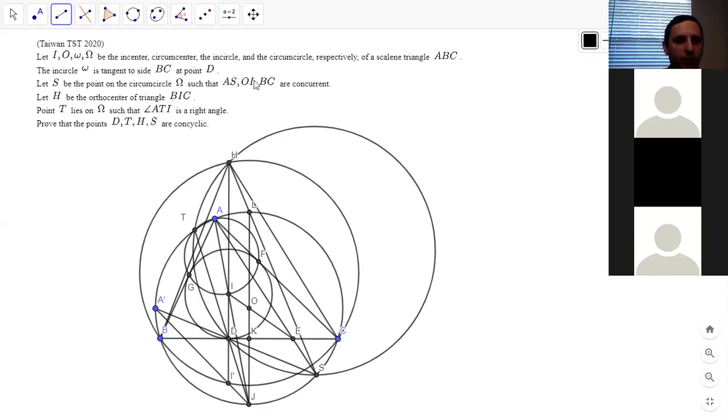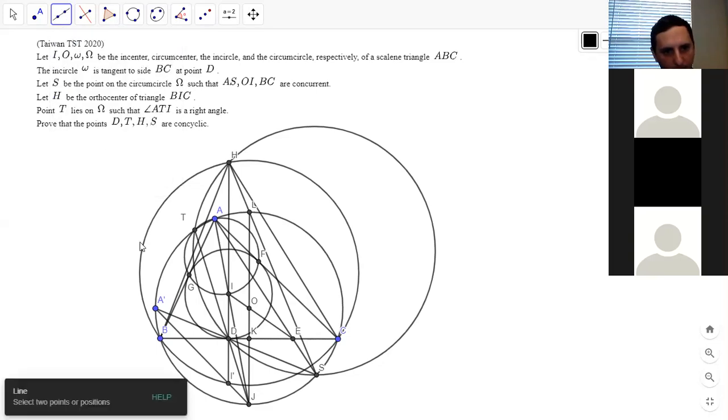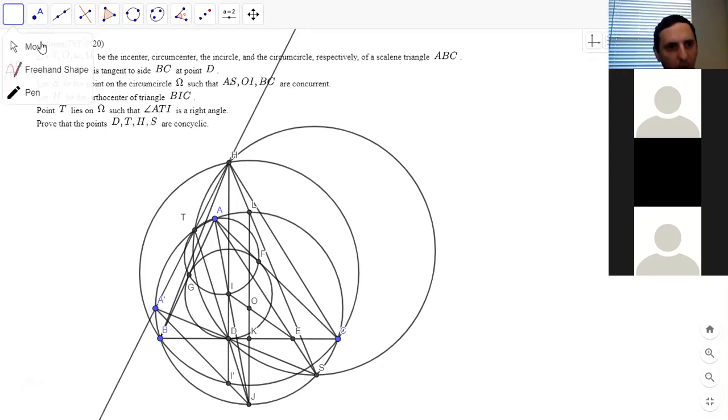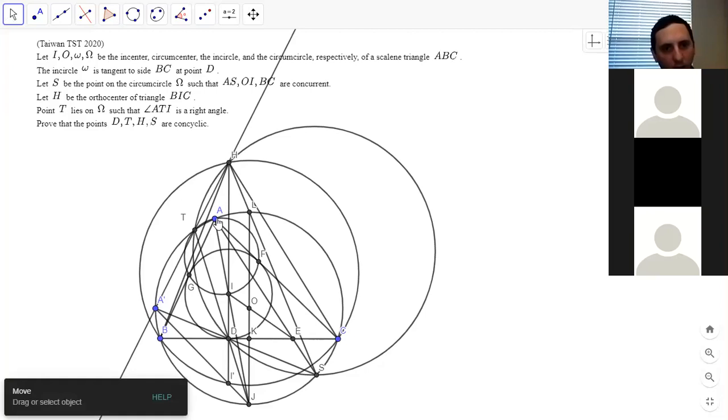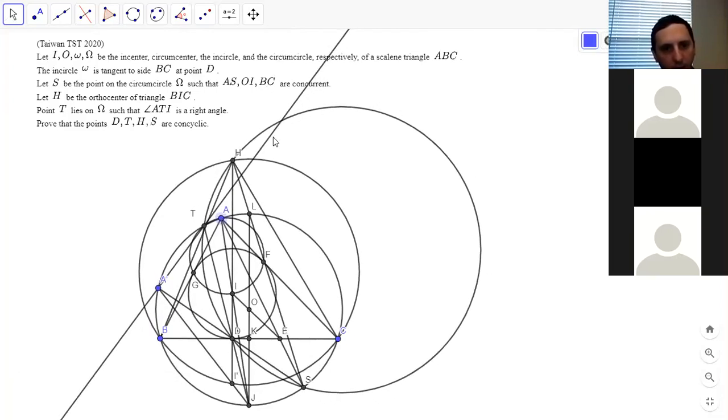So maybe we could let A prime T intersect that circle again. It doesn't pass through H. So if I let it intersect at this point, then we could try to show that H lies on that circle.